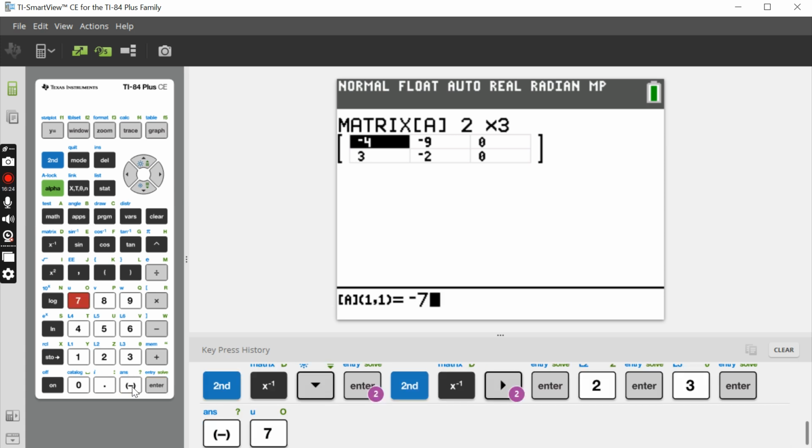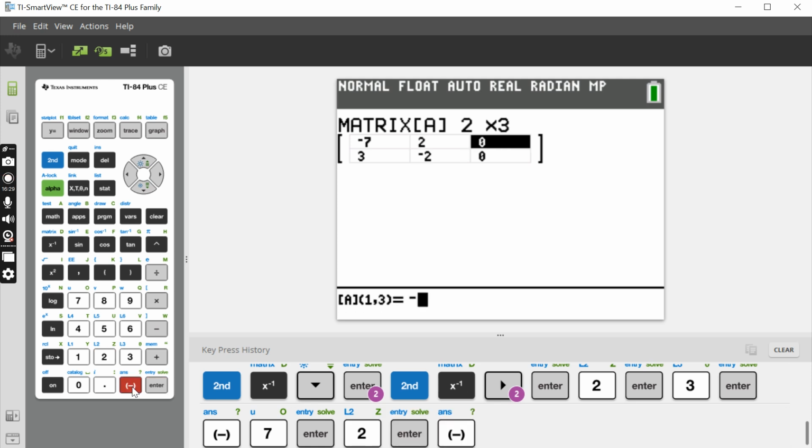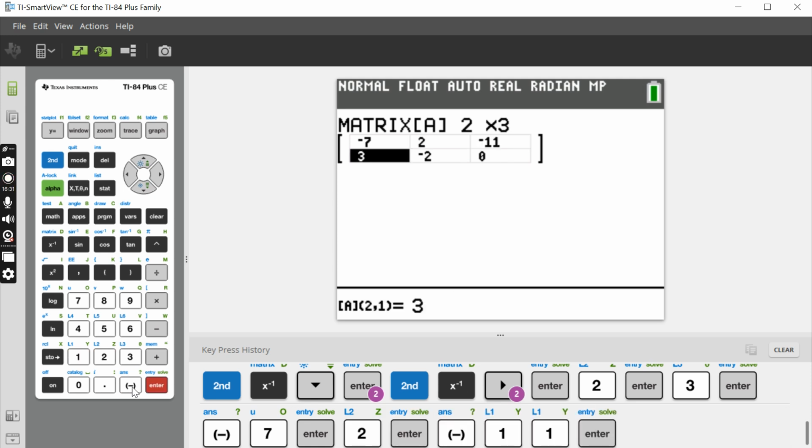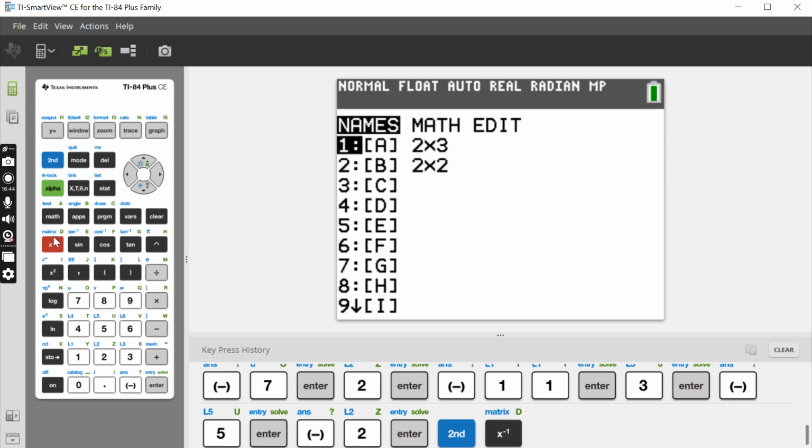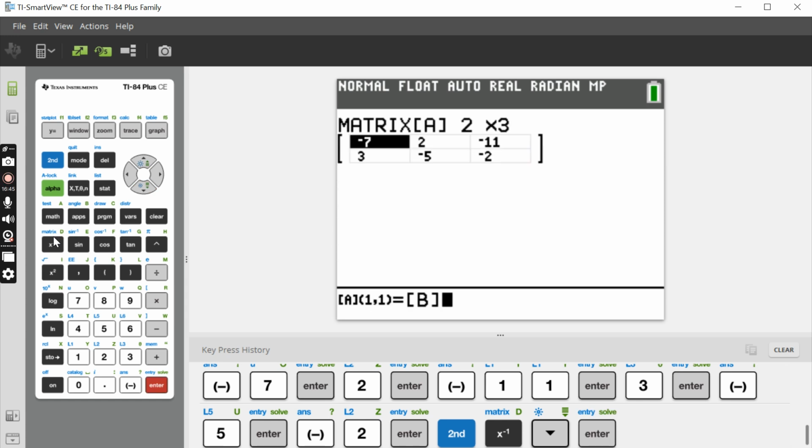So negative 7, and it'll just replace it as you type. 2, negative 11, 3, negative 5, negative 2.